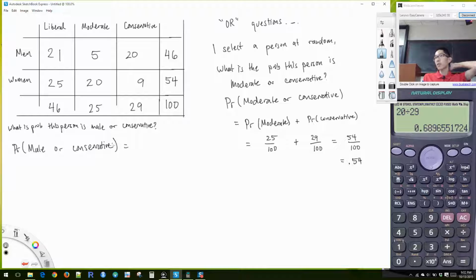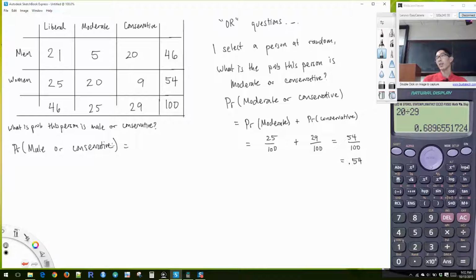In English, we have two uses of the word "or." We can say, do you like chocolate or vanilla ice cream? And then you would answer, I like chocolate, or I like vanilla.